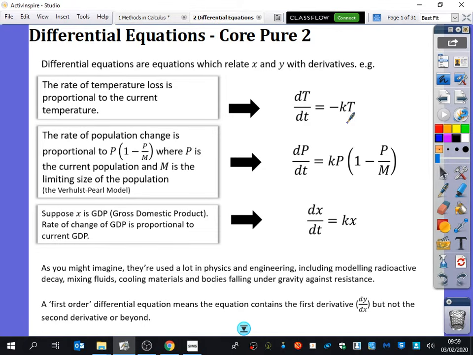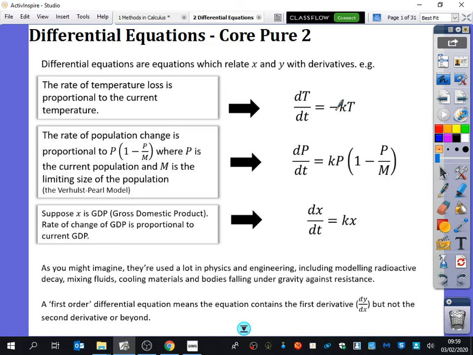But what does that mean in context? The rate of change of the temperature is what it means. This means the rate of change of temperature, and the k means it is proportional to the current temperature, which is T that we've got here. So this is talking about the current temperature, whereas dT/dt is talking about the rate of change of temperature. Why is it minus? Because it's cooling down, it's temperature loss, okay?